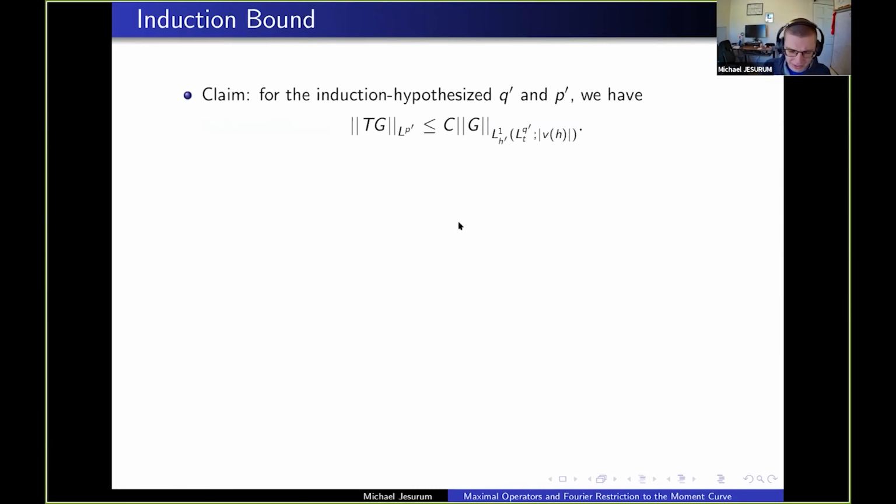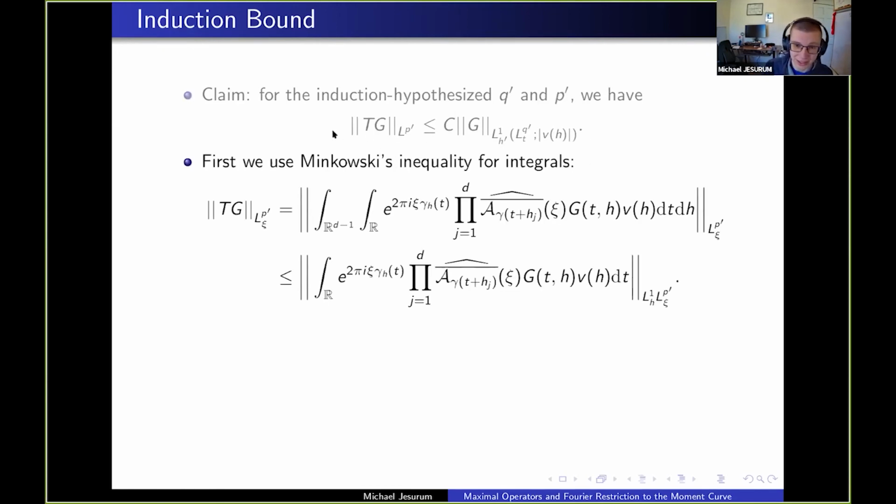Okay, so what Drury did was break up into offspring curves and get an estimate that looks sort of like this. For us, it's going to be a little tricky because if you look at Tg, this first equality, I'm writing the operator T in terms of T's and h's and offspring curves.